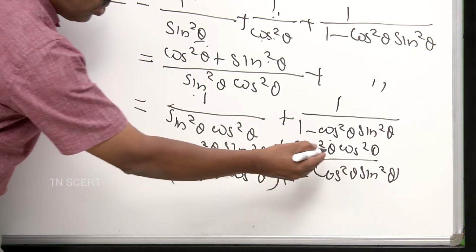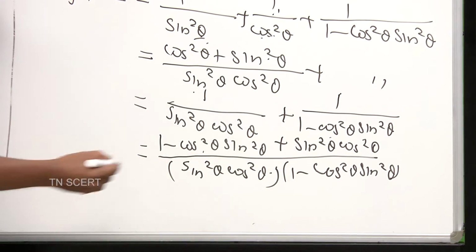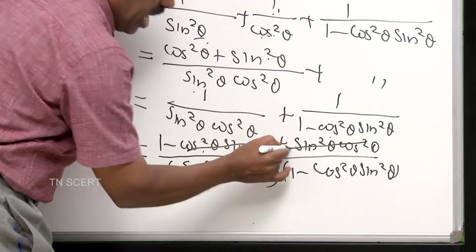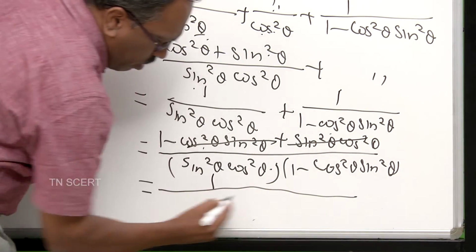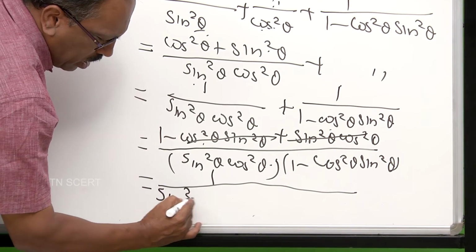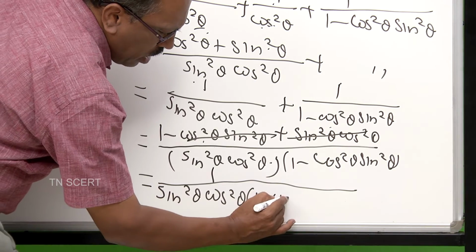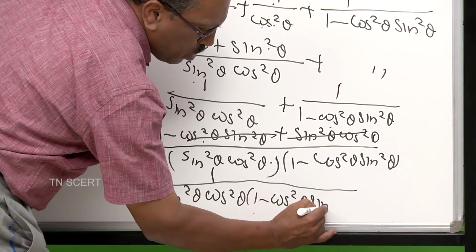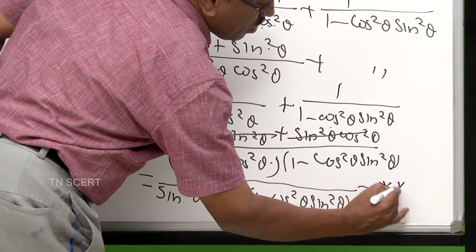Now these are two similar terms with different signs. Remember that these two get cancelled. So by doing so we get the result 1 by sin square theta cos square theta into 1 minus cos square theta into sin square theta. This we got as double star.